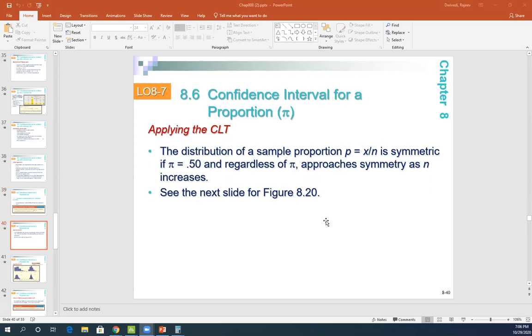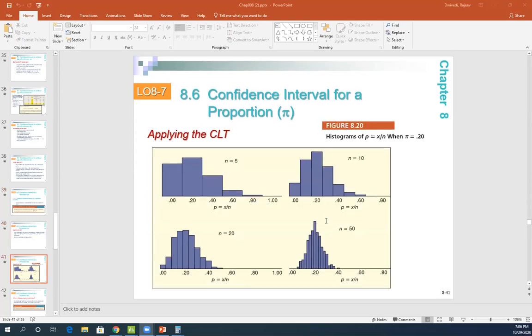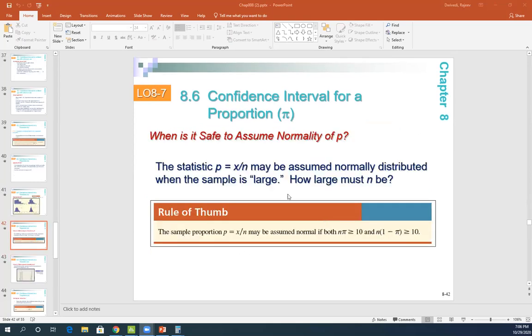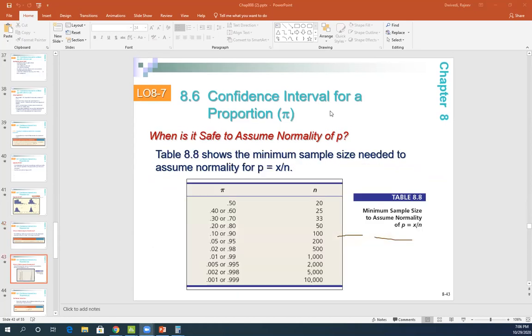You don't need to remember the formulas. This is the must condition for when we use the normal distribution: n pi is greater than 10 and n times 1 minus pi is greater than 10, which you observed in the previous class. These are the n values and corresponding pi's.